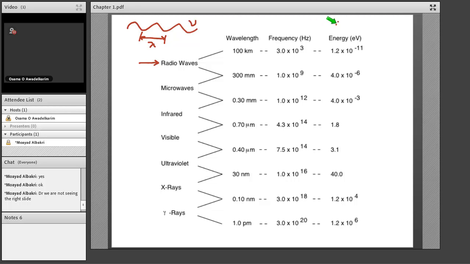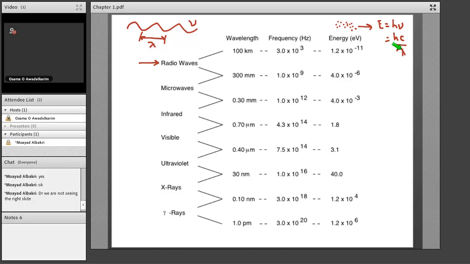Electromagnetic radiation is photons moving in this direction, and the energy of the photon is h nu, or if you like, h c over lambda, either way.